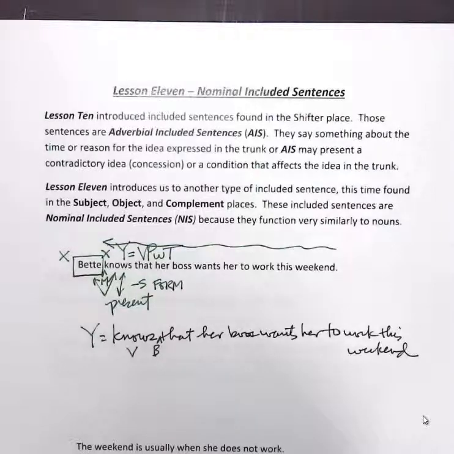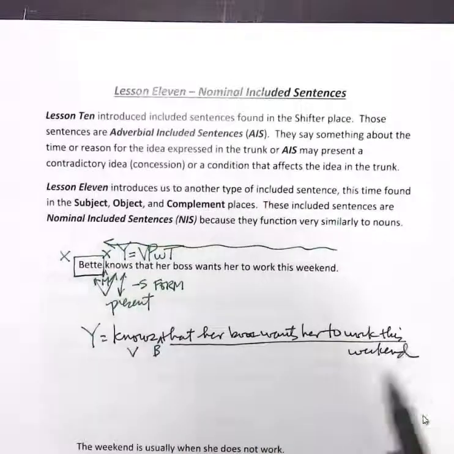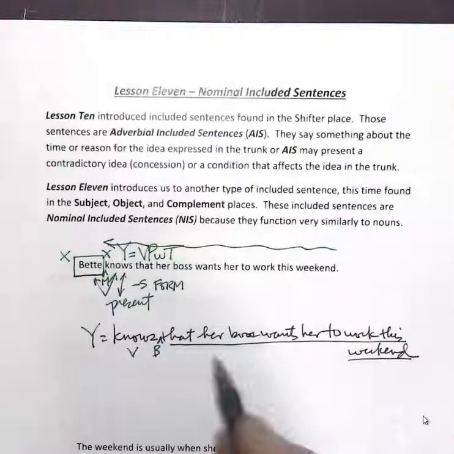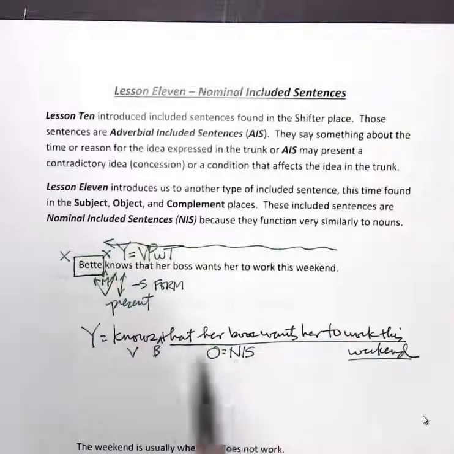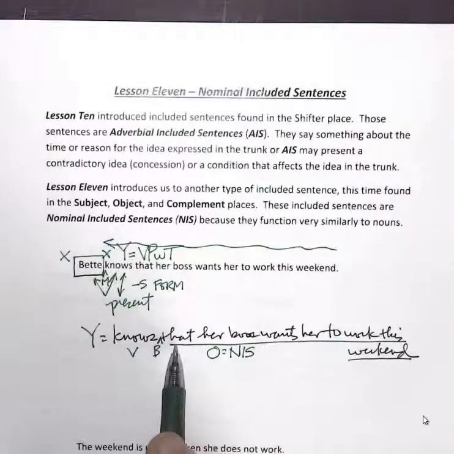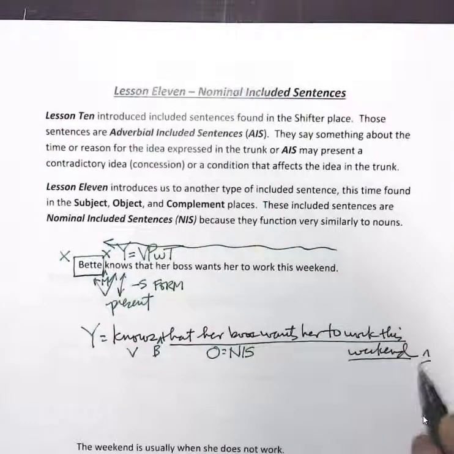Now, what does she know? That her boss wants her to work this weekend. This is the object, and this is an example of a nominal included sentence. It's an included sentence because it has the includer. It's a sentence because I can change it to a yes or no question: does her boss want her to work? And the complement place is empty.